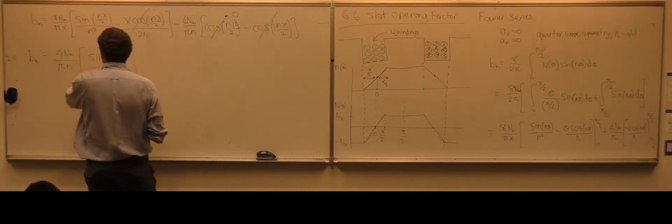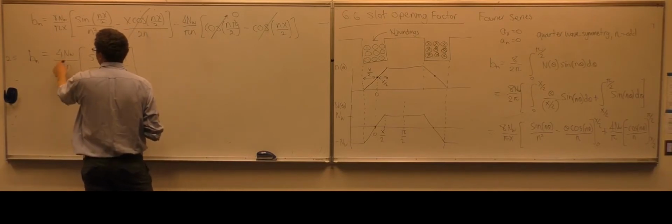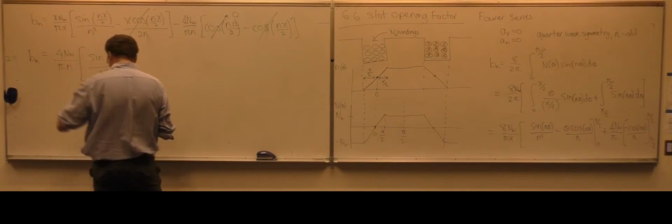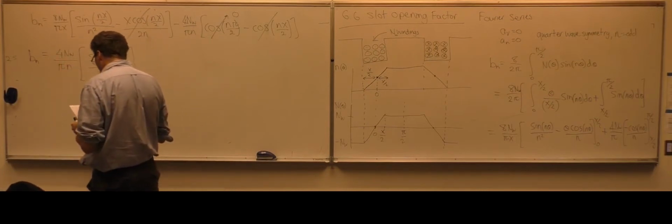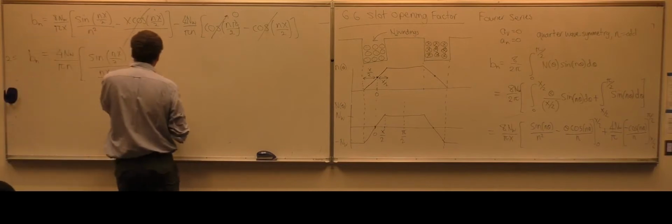So in this form, we've got the 4 nw over pi, which we were using before. So remember, this is for n equals odd.